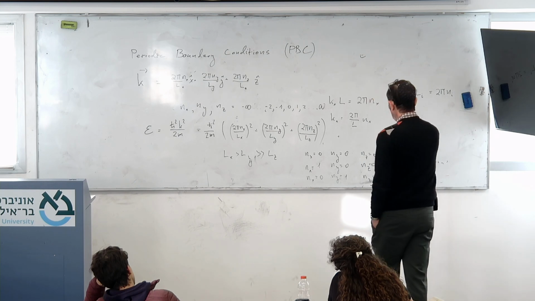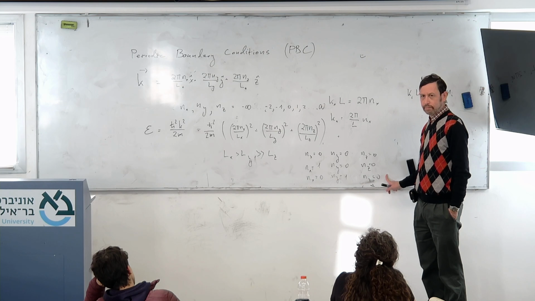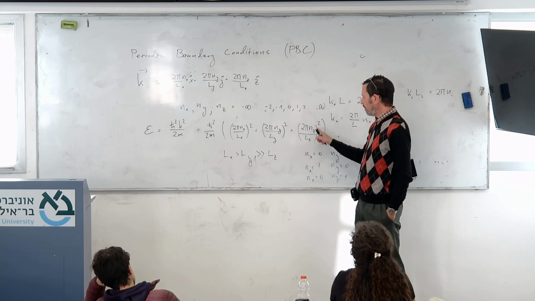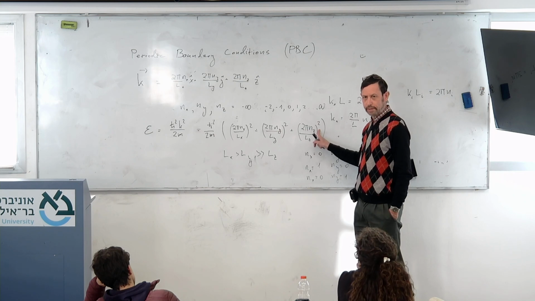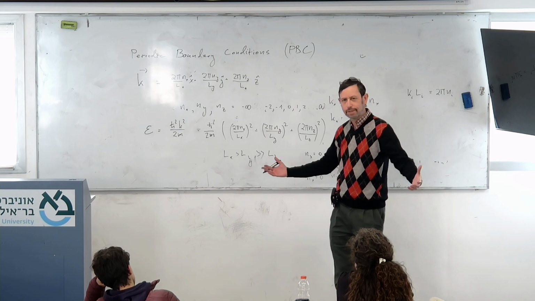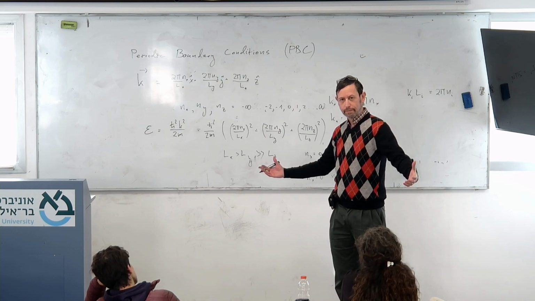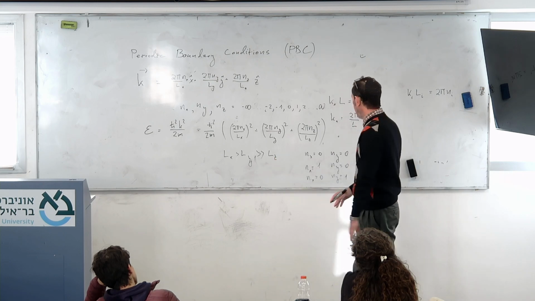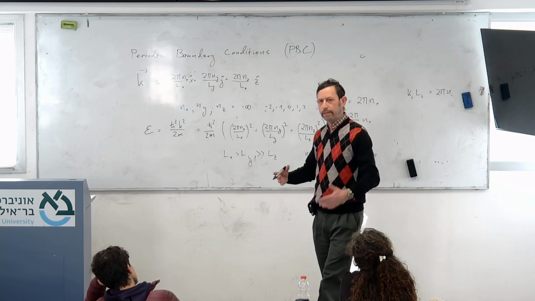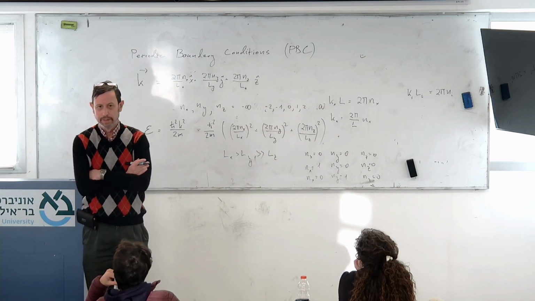Now, when will I change n_z? Because Lz is very small, if I put here a value of n_z that's not equal to 0, I get a huge energy. That's after I went through a lot of n_x and n_y to a point where I must change n_z to get the next one.